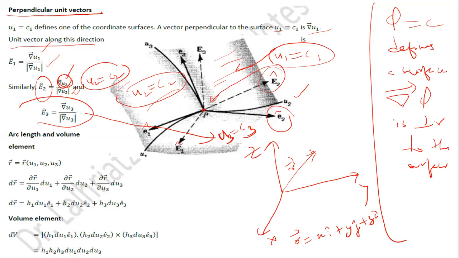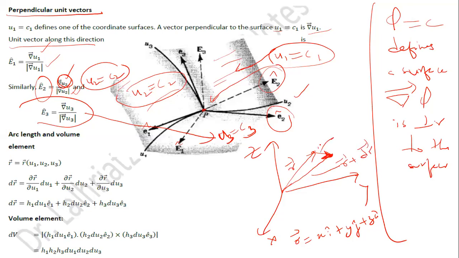Now, arc length means change in this position vector. So let's say if you move to another point here, this new vector you can denote as r vector plus dr vector.